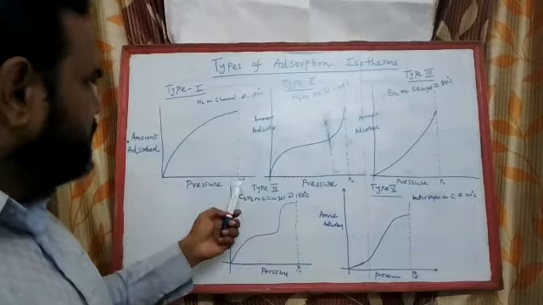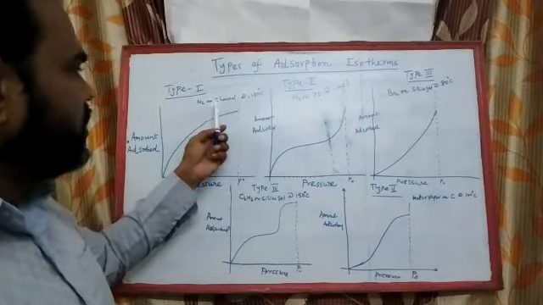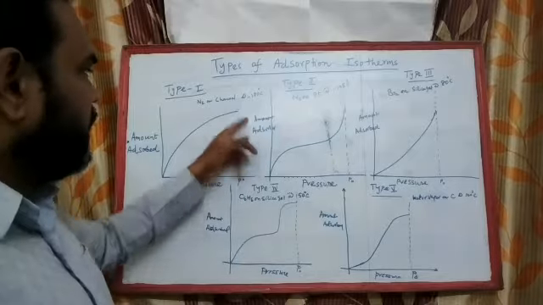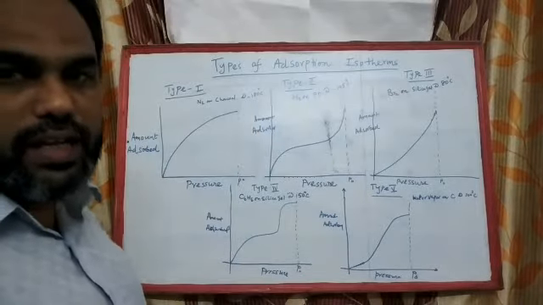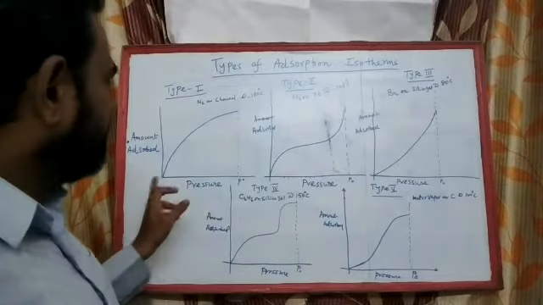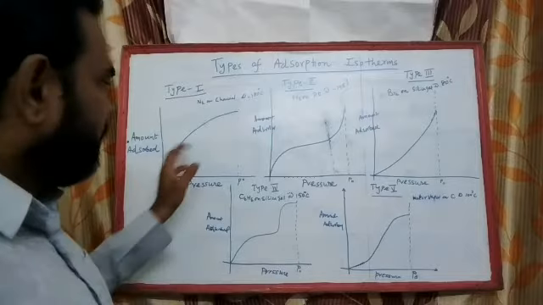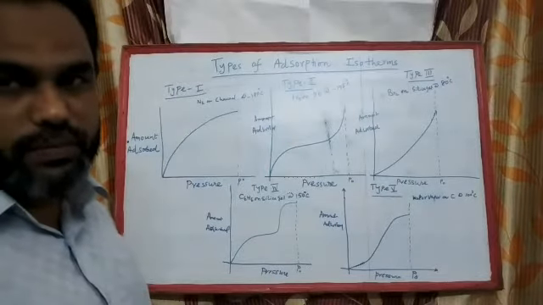This is the case of adsorption of nitrogen on charcoal at about minus 180 degrees centigrade. This adsorption isotherm looks very similar to Langmuir's adsorption isotherm.